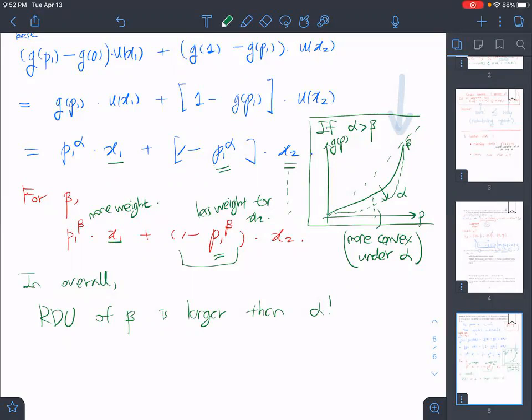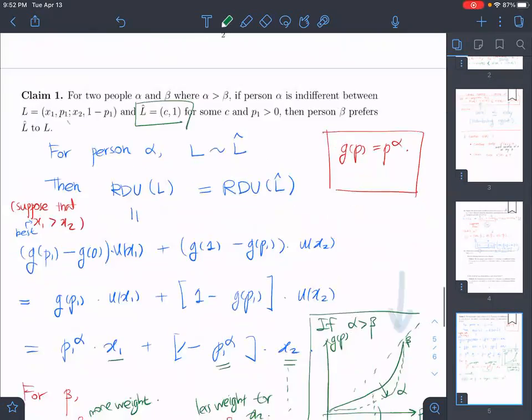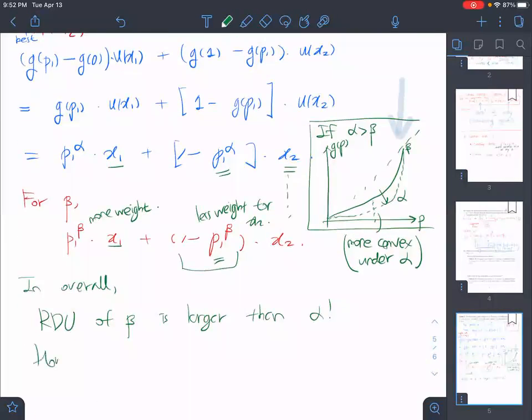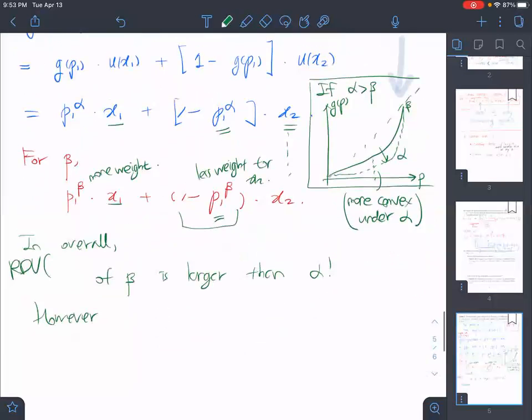Now let us compare the sure outcome, this L hat. This was RDU of the lottery, which was x1 with p1, x2 with 1 minus p1.